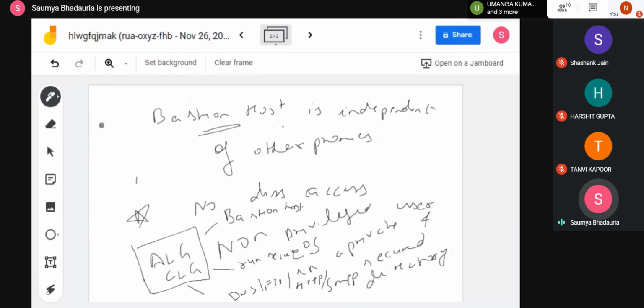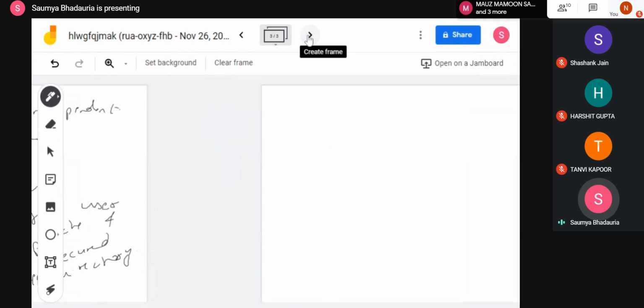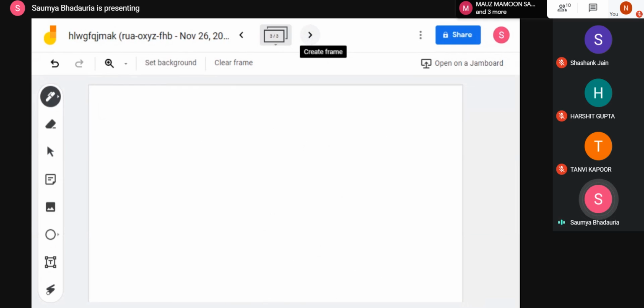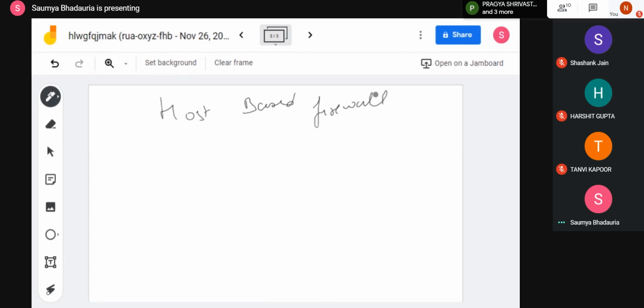So this is the example of a hardware set, which is standalone. Next, if I talk about the software system, it would be referred to as a host-based firewall. Okay, so in a host-based firewall, you will have the firewall installed in the form of a software module. Okay, so this is basically done to secure an individual host.